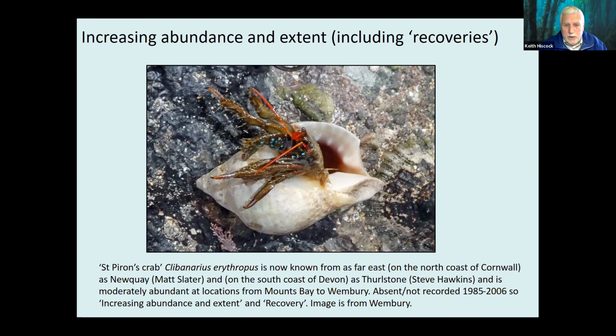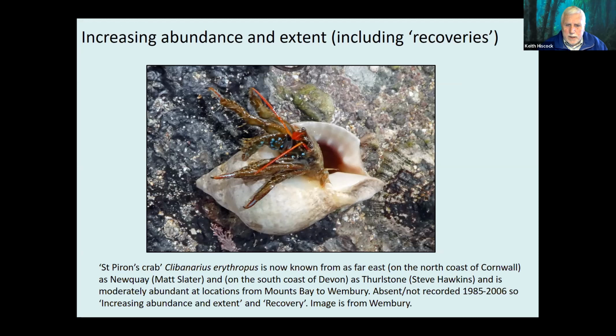So St. Piran's crab, now known not just from Cornwall, but as far east on the South Devon coast as Thurlestone, that's Steve Hawkins, and at Newquay on the Cornwall coast.